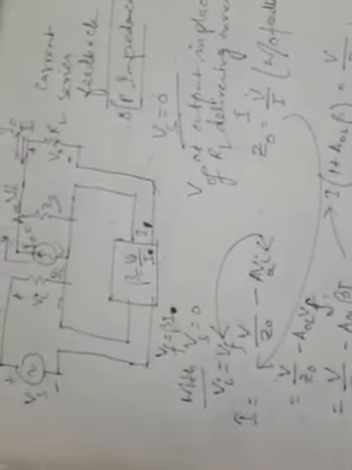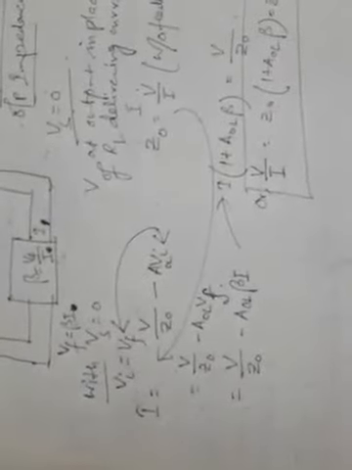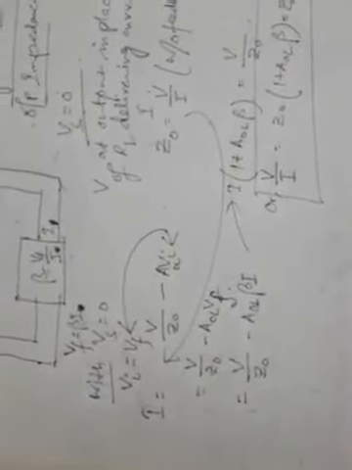So we can see from here that for current series feedback the output impedance is increased, for voltage series feedback the output impedance is reduced, and the same thing, the increase of output impedance due to negative feedback as we are seeing here for current series feedback, similarly we can derive to observe this increase in case of current shunt feedback also.